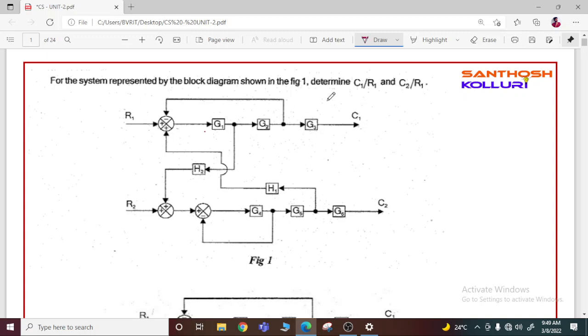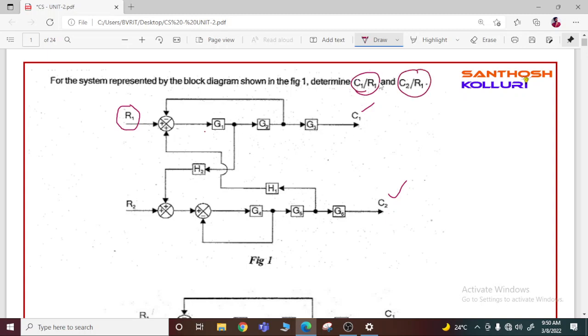So what is being asked? Calculate C1 by R1, the transfer function with respect to output C1 and input R1, and the transfer function with respect to output C2 and input R1. So in both cases he is asking for R1 as an input, and C1 as one output and C2 as another output. So we need to consider two cases. First one is the C1 by R1 case, and next one is the C2 by R1 case.